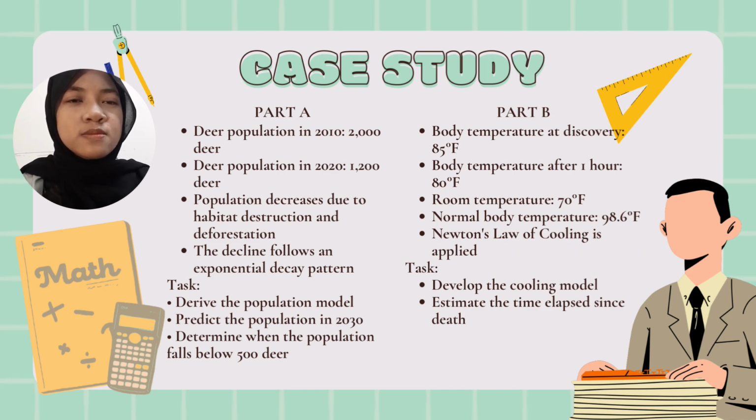The normal body temperature before that is assumed to be 98.6 Fahrenheit. Using Newton's law of cooling, we will develop a cooling model and estimate the time elapsed between the victim's death and the discovery of the body.